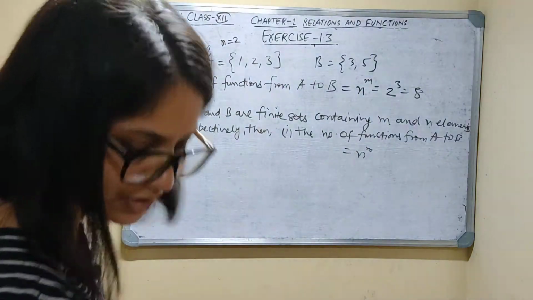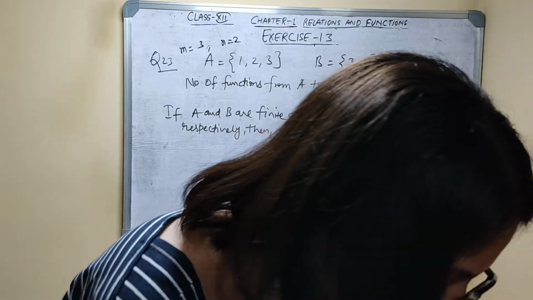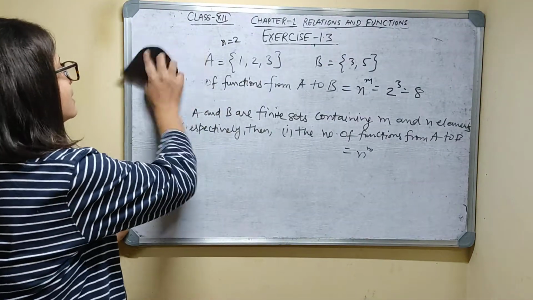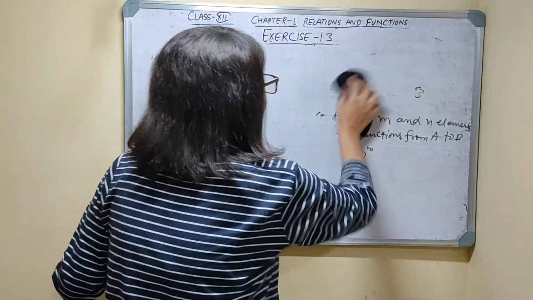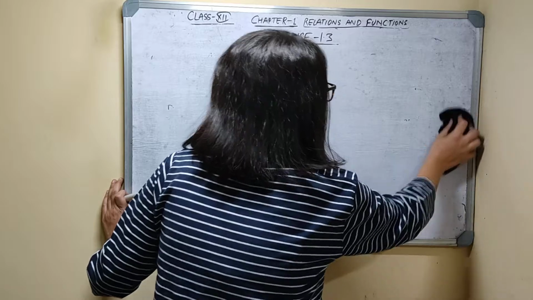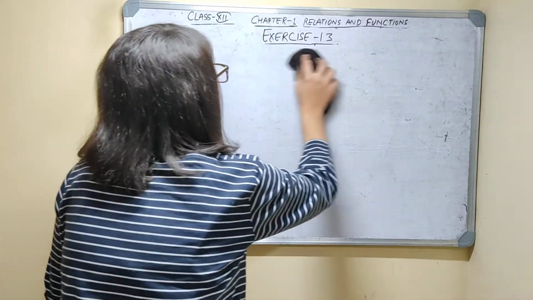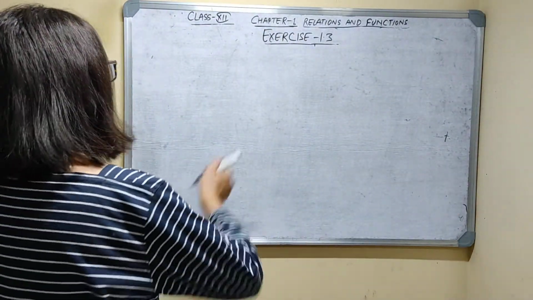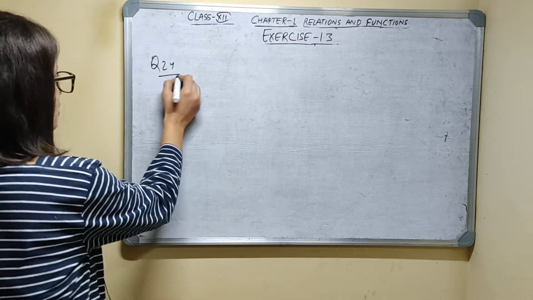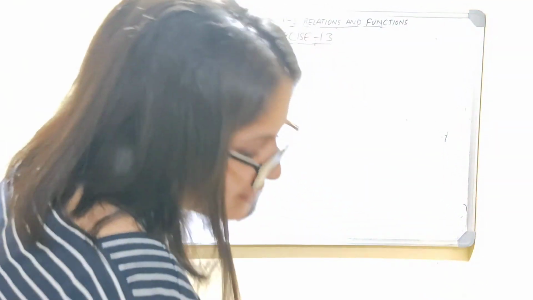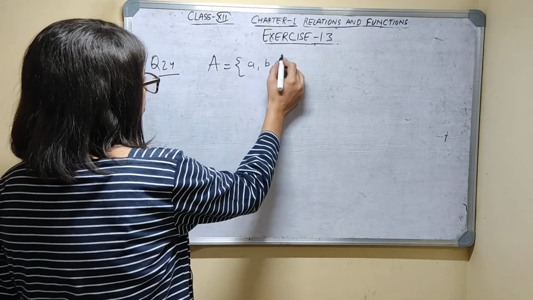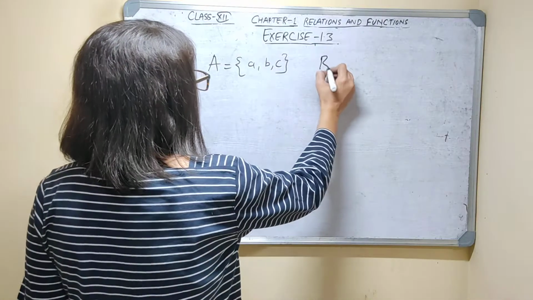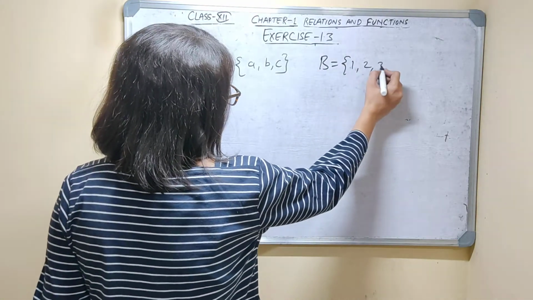Now 24th question. If A is equal to {a, b, c}, 3 elements are given, and B is equal to {1, 2, 3, 4}, 4 elements are given here.